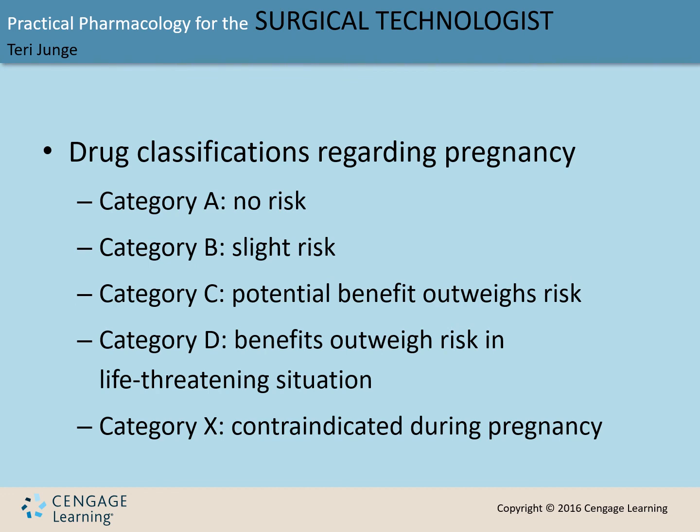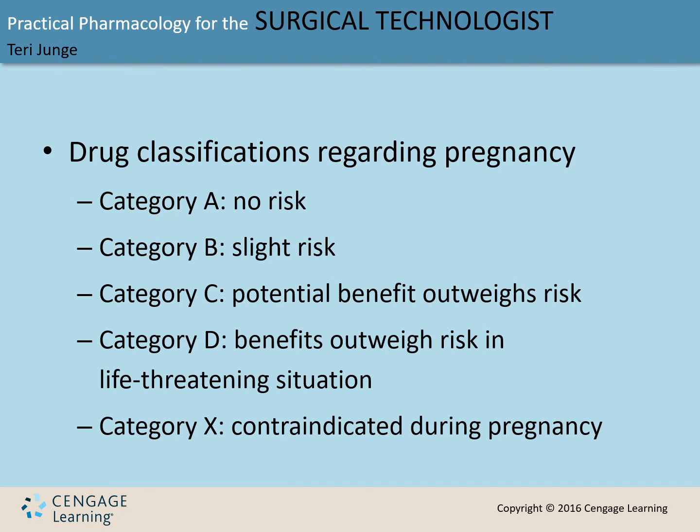Category C, again, there's been human studies, but not a lot of them, or they are lacking, and maybe there's only been animal studies that have shown adverse effects of a drug, and so the determination is that category C drugs carry a risk, but the potential benefits could outweigh the risk.